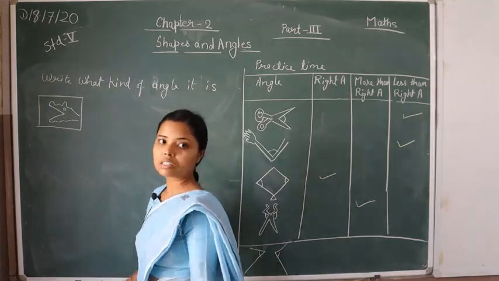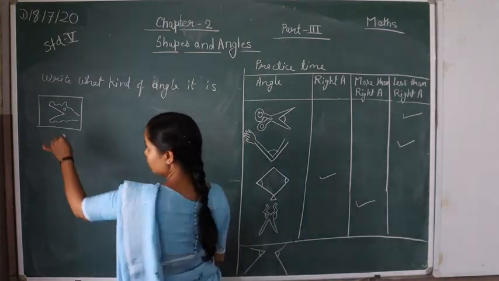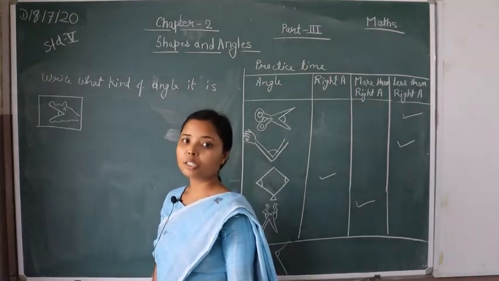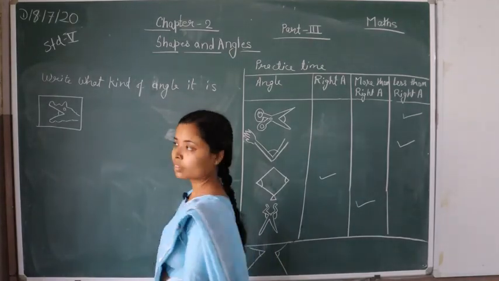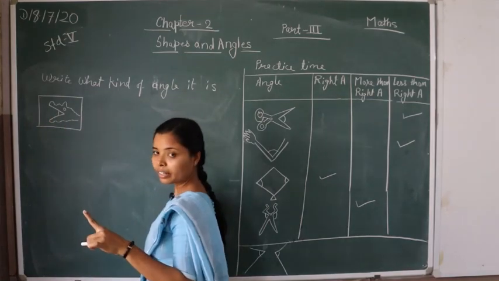Okay, this is a shape of an alligator. So in its mouth, look here, it makes an angle which is less than a right angle.